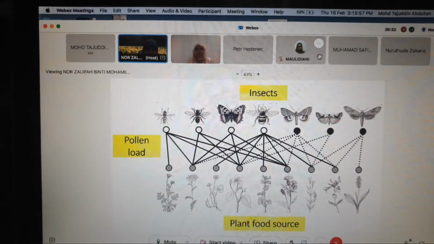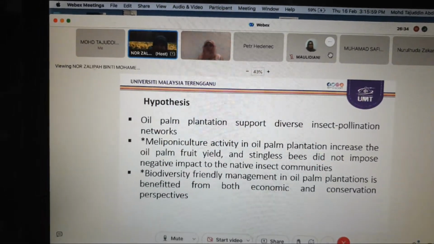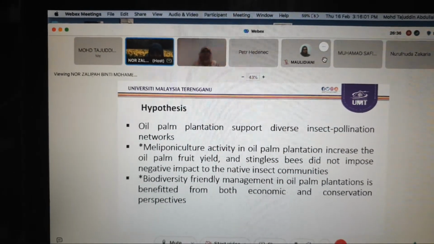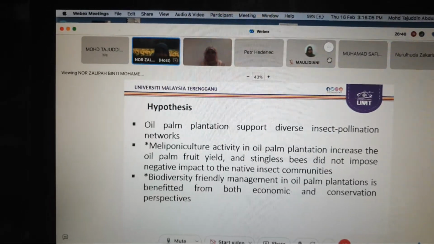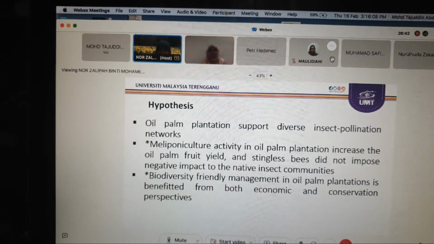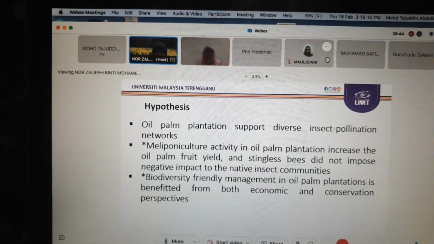So then, hopefully, we think that the oil palm plantation supports diverse insect pollination networks.